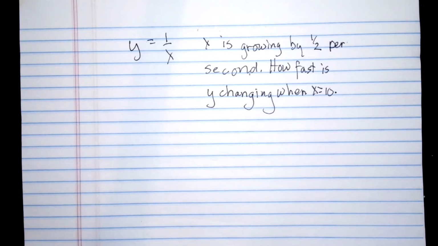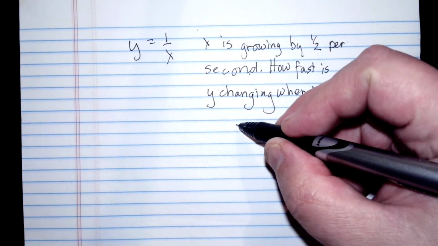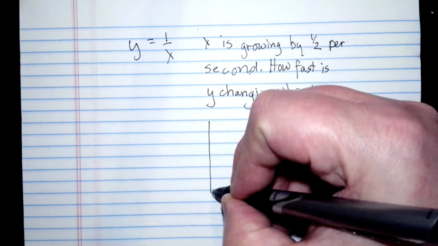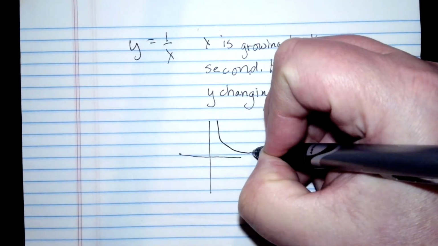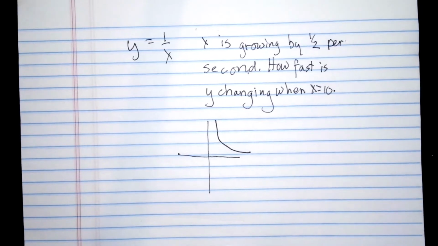So let's say you've got y and x related by the equation y equals 1 over x. And x is growing by 1/2 unit per second. So if you imagine, say, the graph of 1 over x, you're asked how fast is y changing when x equals 10.